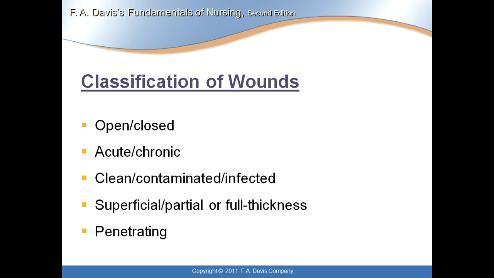Let's say you scratch yourself and you need to come to the emergency room and get stitches. It's uninfected, you've got the proper care at the right time, and they were able to suture it, and you keep it clean. We have clean contaminated, which is an actual surgical incision involving the GI tract, respiratory area, and genitourinary. So they're clean, but because of where they are is what causes them to be contaminated.